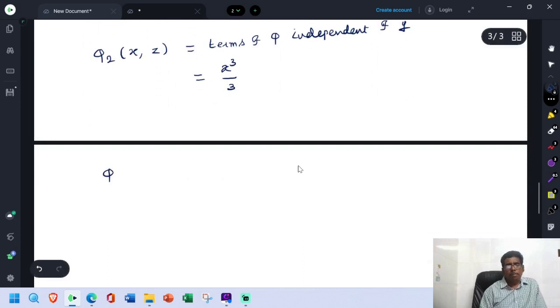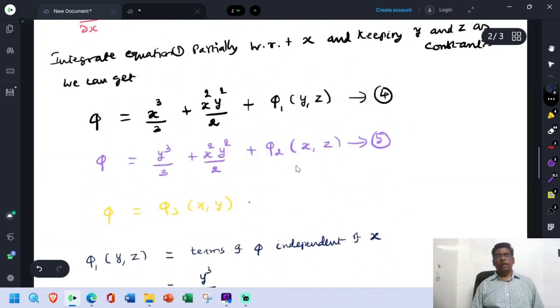So φ3 of x comma y equal to terms of φ independent of z. See here, this term is independent of z, this is also independent of z, this is also independent of z, this is also independent of z.